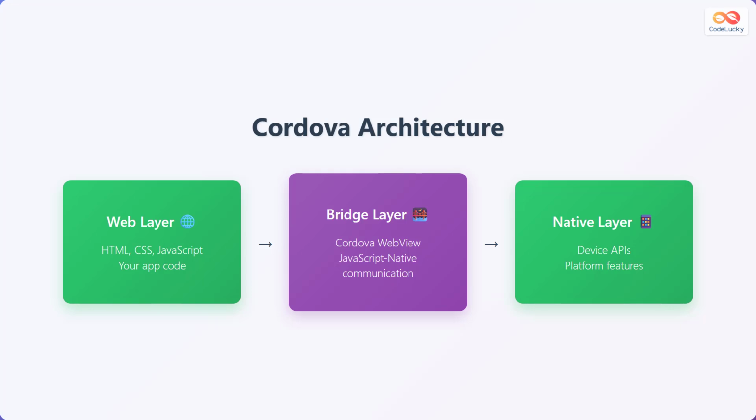This layer acts as the communication channel between your web application and the device's native capabilities. The third layer is the native layer, which provides access to device APIs and platform-specific features like camera, GPS, file system, and contacts. This layered approach ensures that your web code can seamlessly interact with native device functionality.